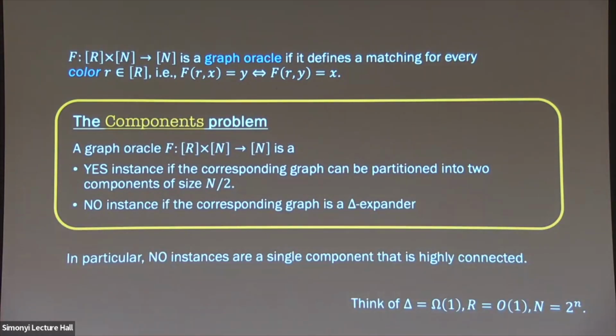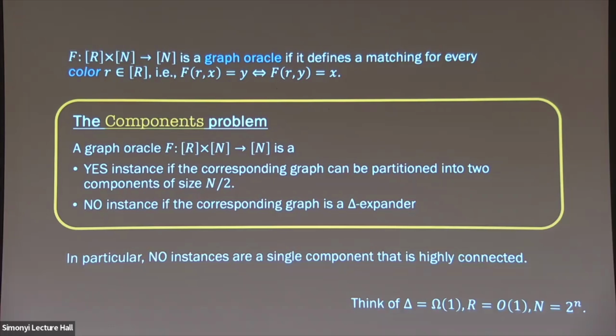The components problem is: given oracle access to such a function, a yes instance is one where the corresponding graph resulting from this function can be partitioned into two components of size n/2. In the no instance, the graph is not only a single component, but it's actually an expander graph, a delta spectral expander.